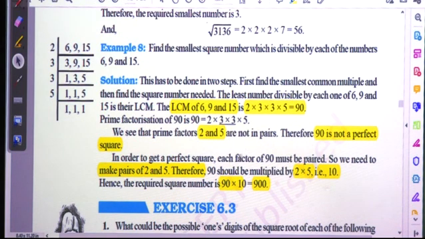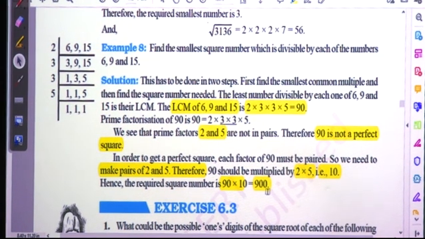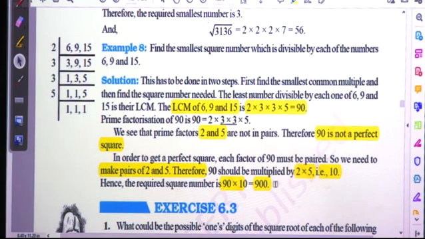So, we multiply it by 2 and 5 to make all the factors into pairs. Multiplying by 10, it becomes 900. It is the perfect square, the required square. 900 is the smallest square number which is divisible by each of the numbers 6, 9 and 15.